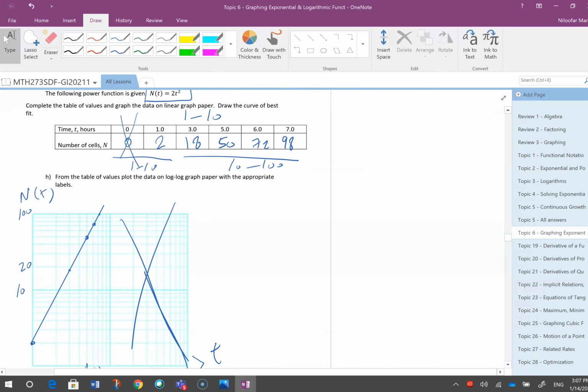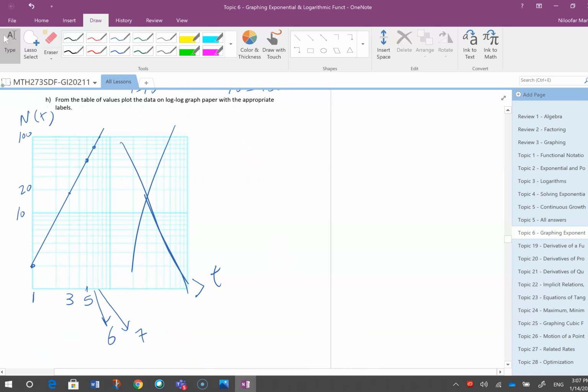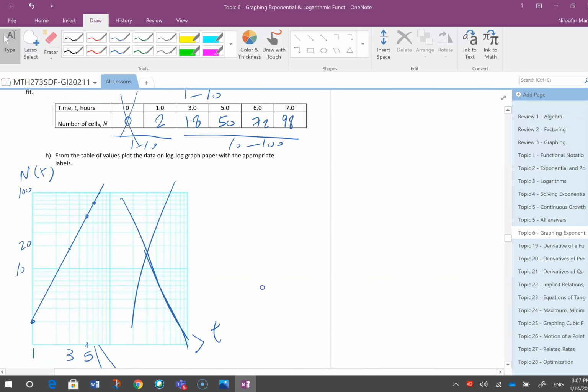Now I start. The paper itself is showing me the logarithm, but I use the same values I see in the table. The nature of the graph gives me logarithm on both sides, but I'm using the same values. The first one is 1 and 2.